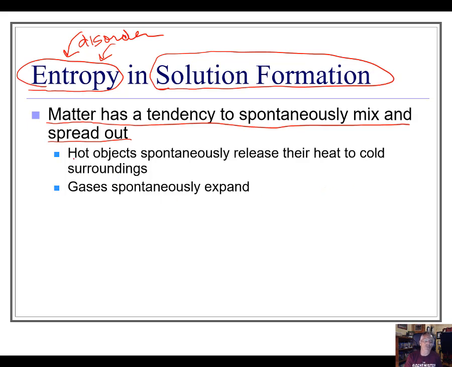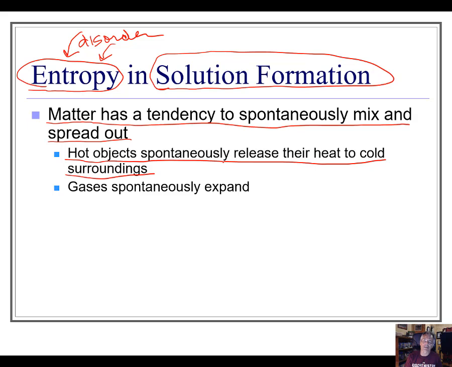And you can think of it in terms of hot objects spontaneously releasing their heat to the cold surroundings. For instance, if you open up your front door in the middle of winter, it's not that the cold is coming in. It's that the heat in your 70-degree house is going out into the 20-degree cold.